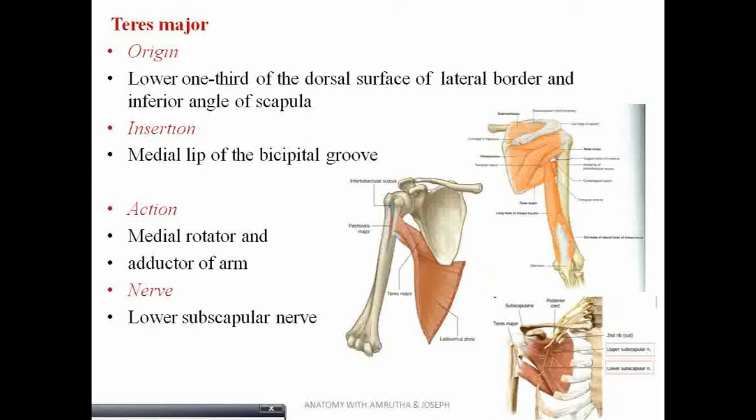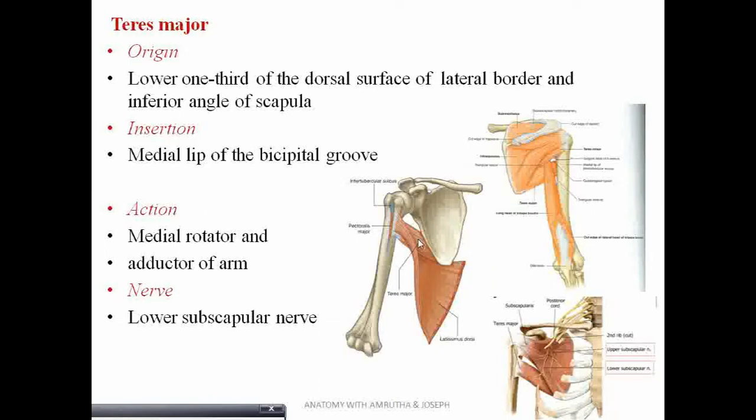Insertion to the medial lip of the bicipital groove. The bicipital groove has a lateral lip and a medial lip. The medial lip gives insertion for teres major, whereas the lateral lip gives insertion for pectoralis major. Anyway, insertion is to the medial lip of the bicipital groove.